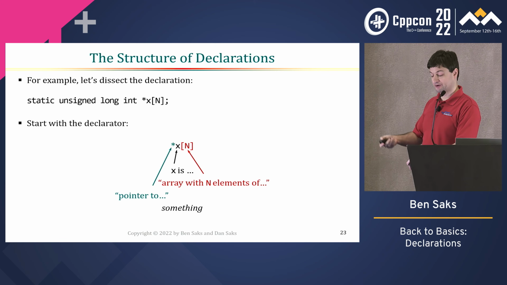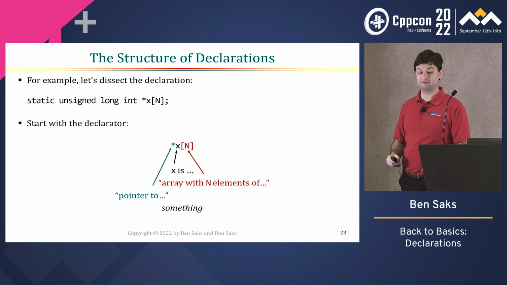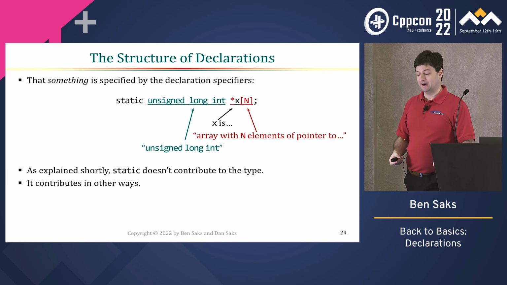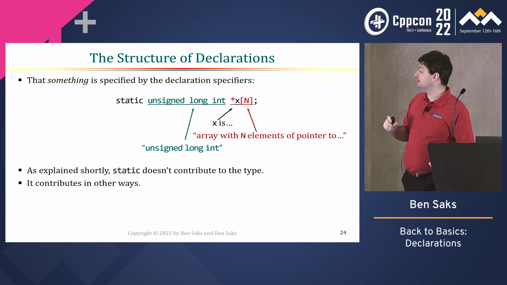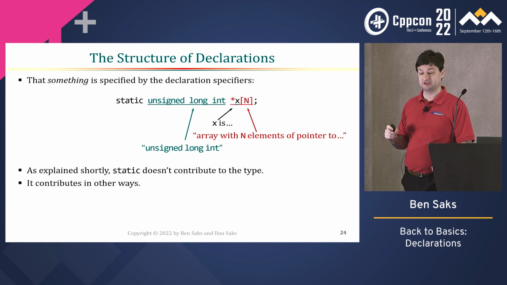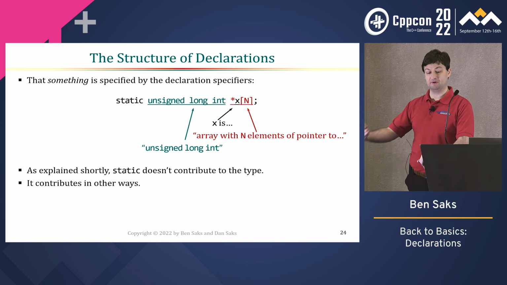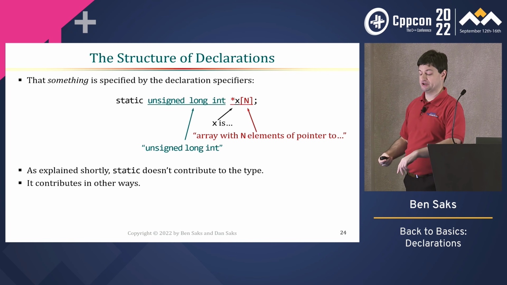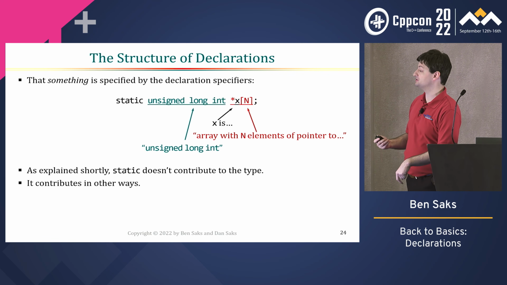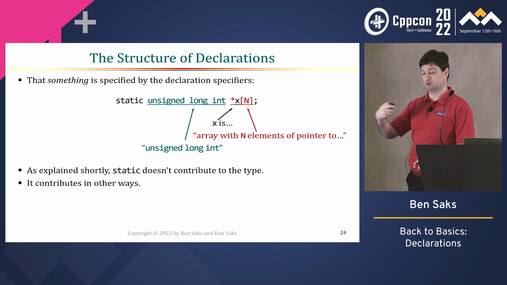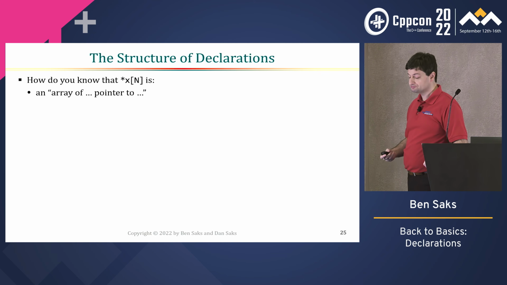But the declarator just tells us X is an array of n pointers to something. Now, static is not actually part of the type. It's a declaration specifier, but it doesn't really contribute to the type of X, it provides other information about what X is. Those other properties that I talked about earlier, like storage duration and linkage.